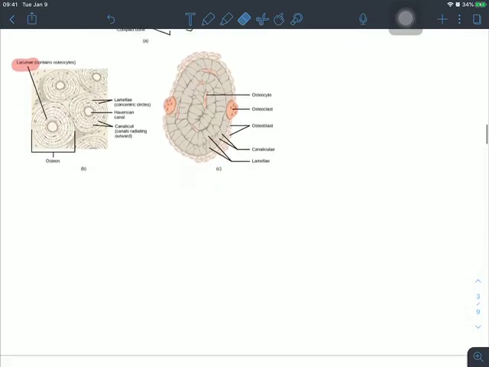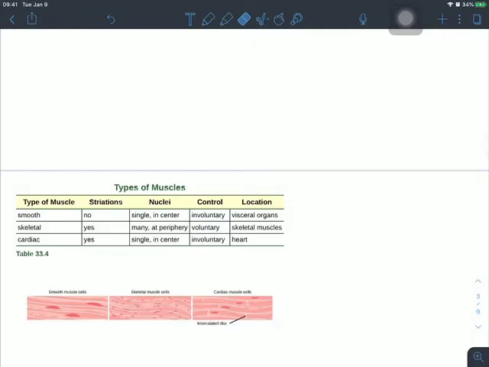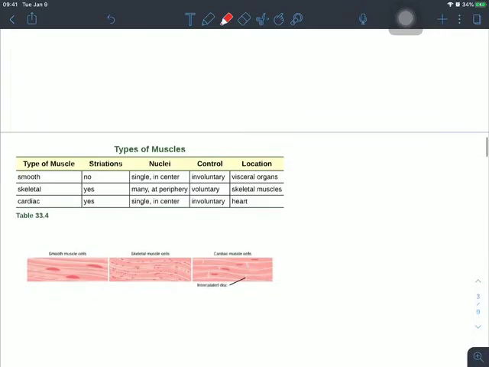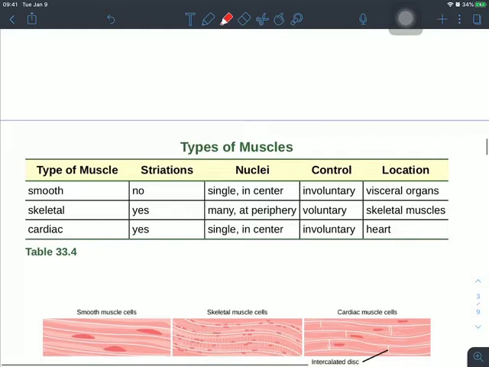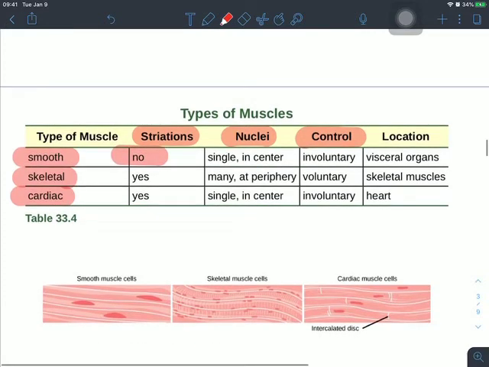Now next up, we've got our different types of muscles. Now there are three different muscle types: smooth, skeletal, and cardiac. They are defined both by whether they're striped, how many nuclei they have, and how we control them. Smooth muscle has no striations, hence its name of being smooth.